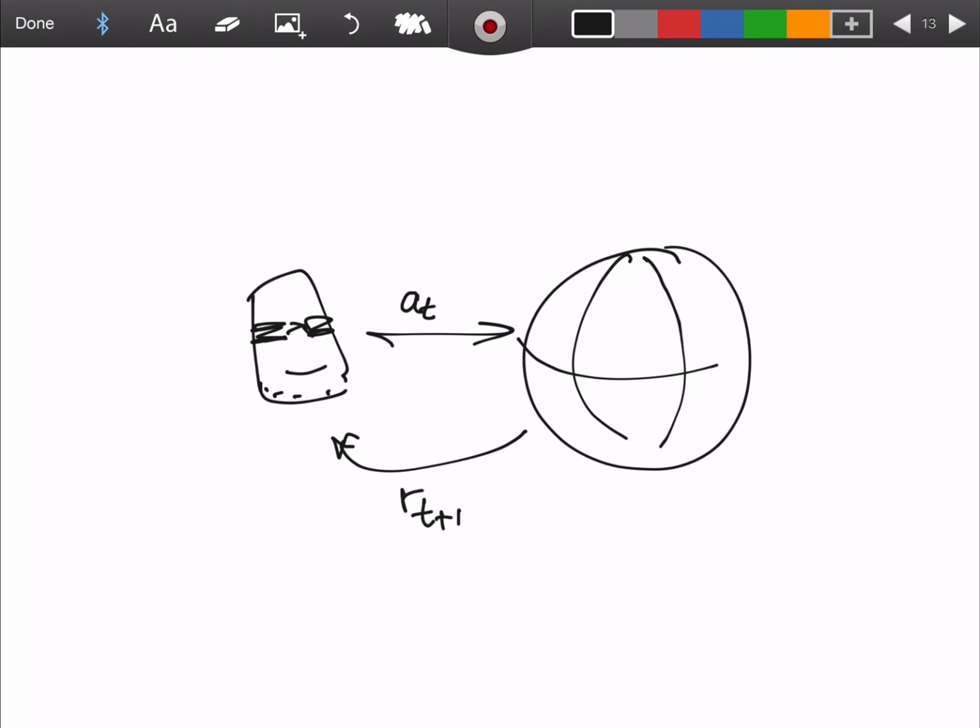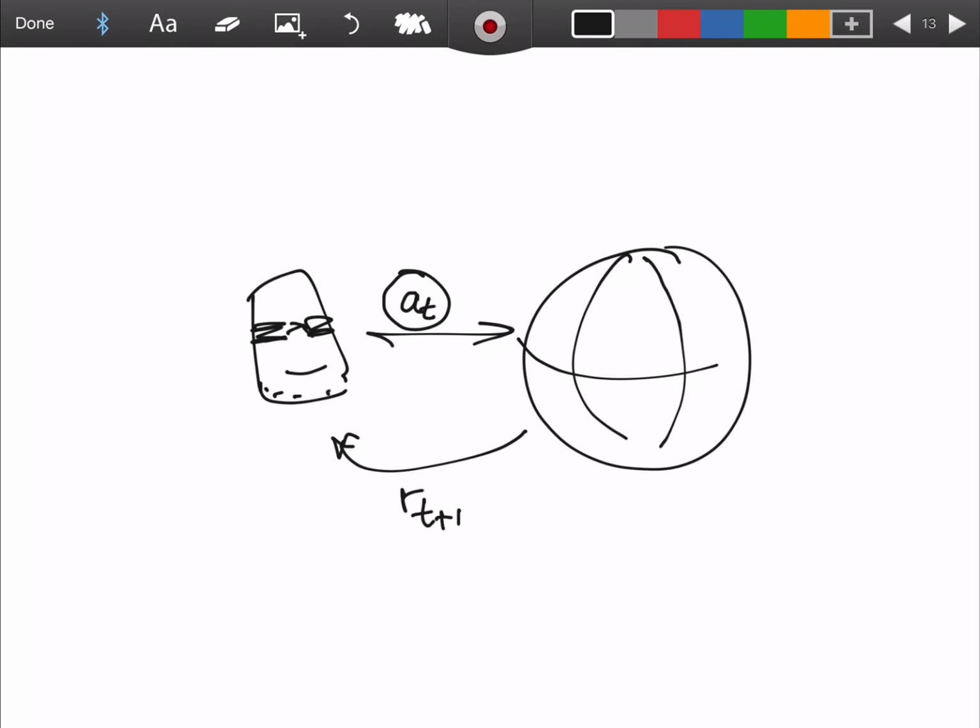Let's say we are getting paid money, or somebody takes money from us if we did a bad move. Our goal is to select the optimal way of acting, the optimal behavior. This is called a policy. It can be deterministic, it can be stochastic. Basically, we need to determine the behavior of this agent.